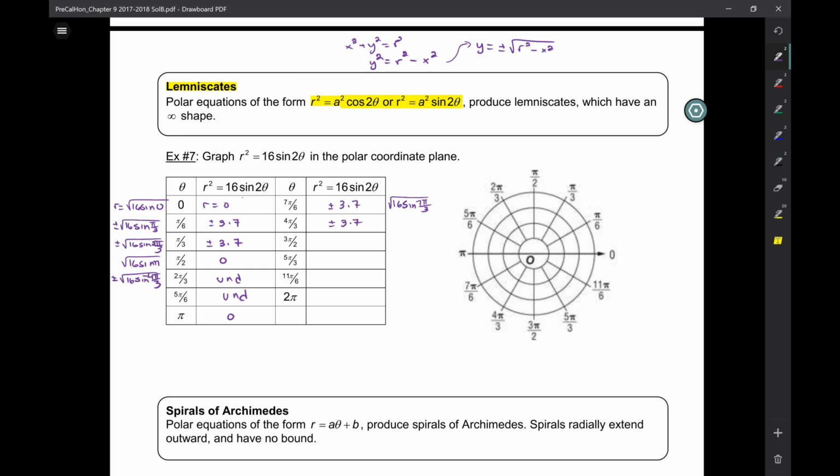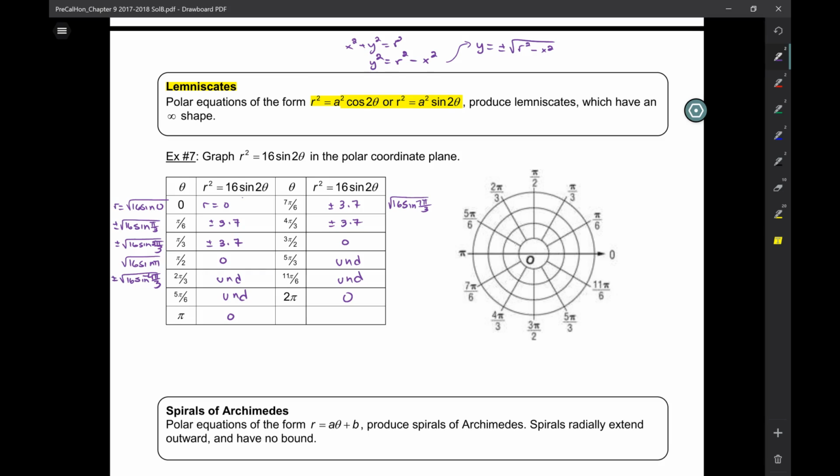So it's positive, so it's plus or minus 3.7. So you get the same value as these because you're exactly at the same point as those. And then here you get the same point as that one. And then this is 0, undefined, undefined, 0.